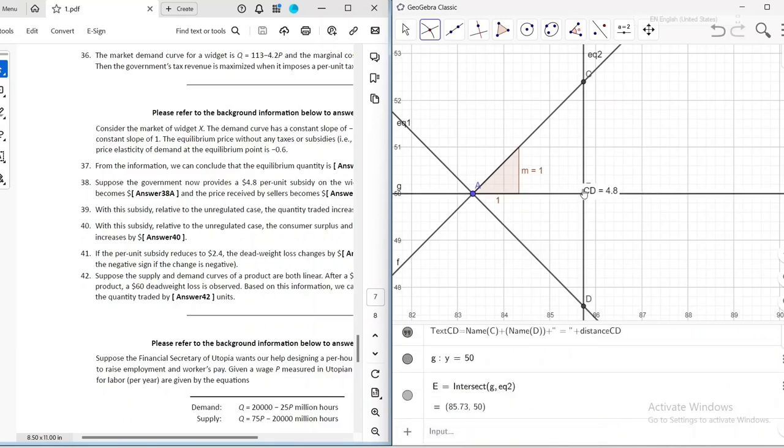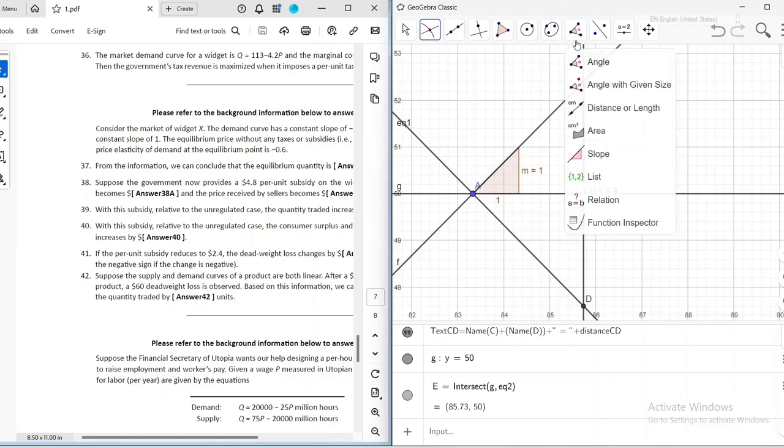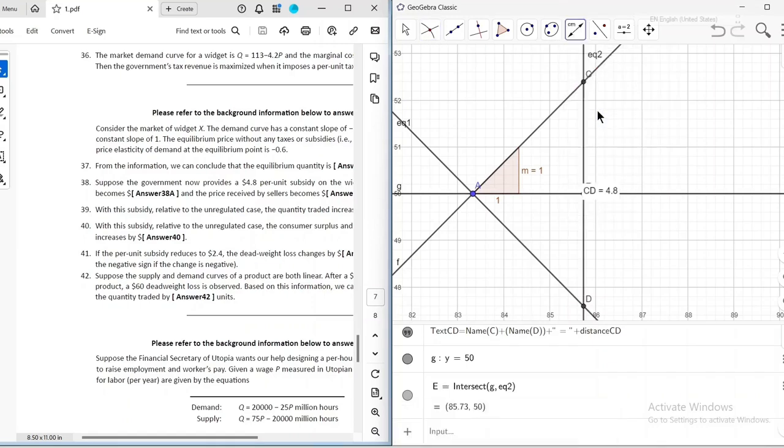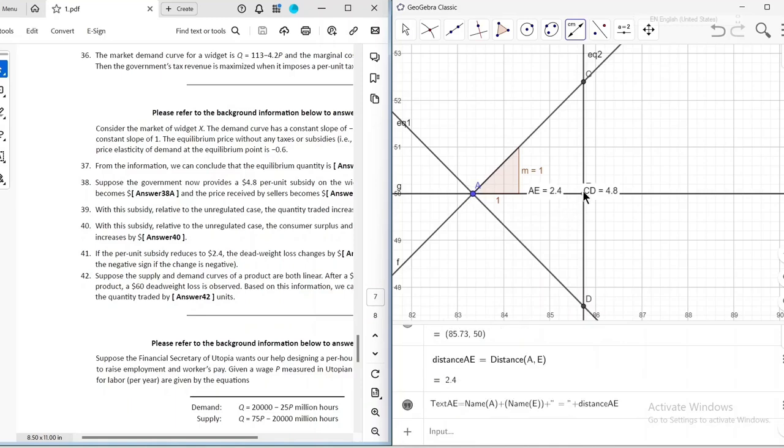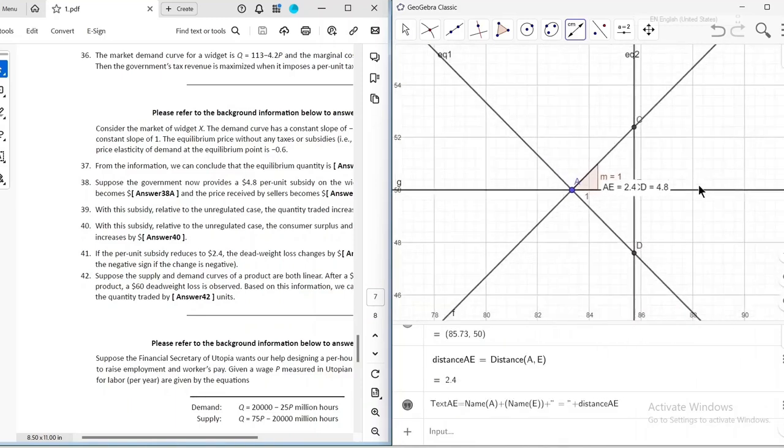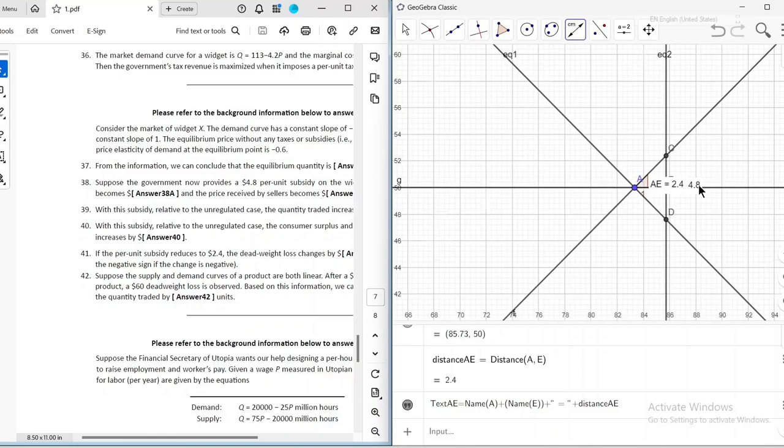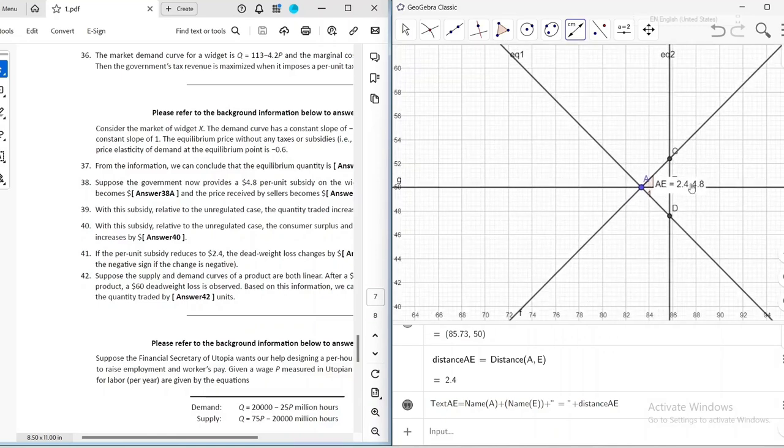Let's measure the distance, up to this point, right? So this is 2.4. So the quantity traded increases by 2.4 units.